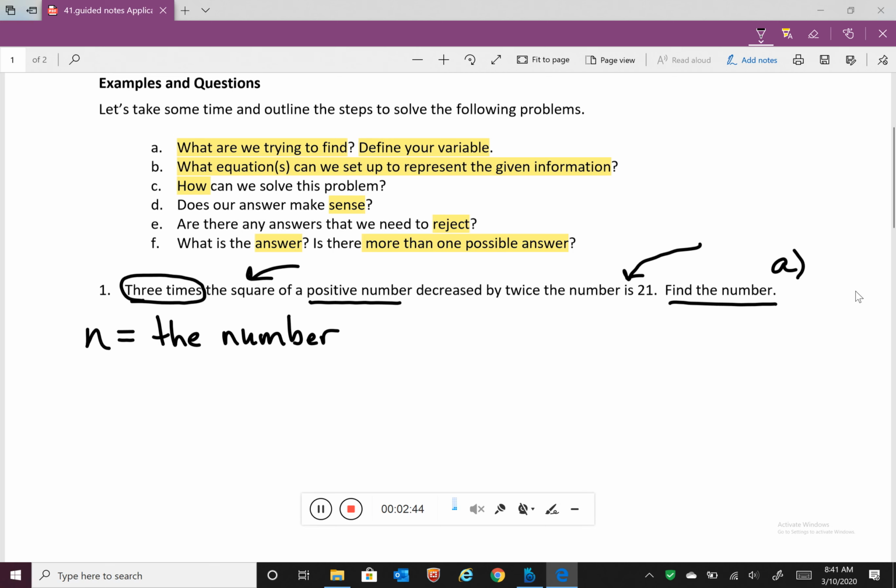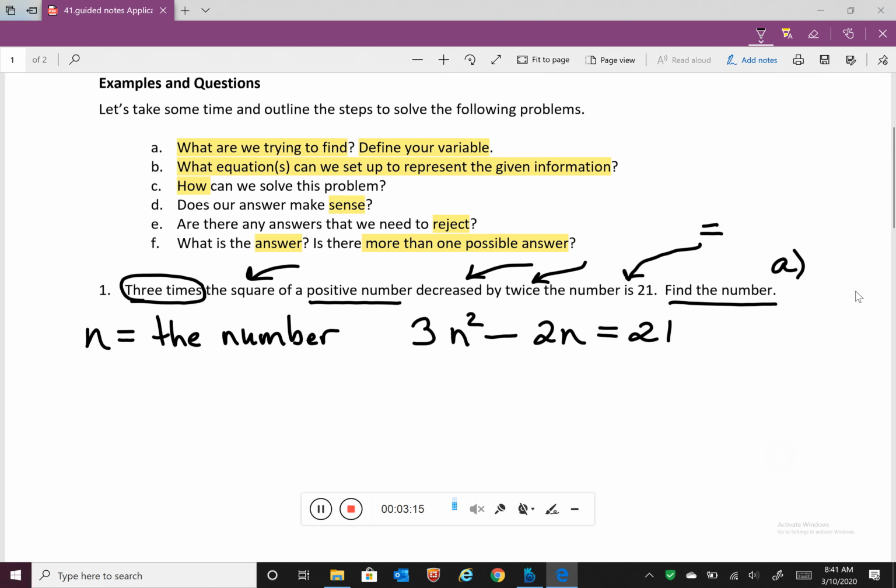So let's write that down. 3 times the square of this positive number is decreased, which means subtraction, by twice the number, which means multiplication. And as we talked about, it is 21, which means it is equal to 21. And notice that is quadratic.